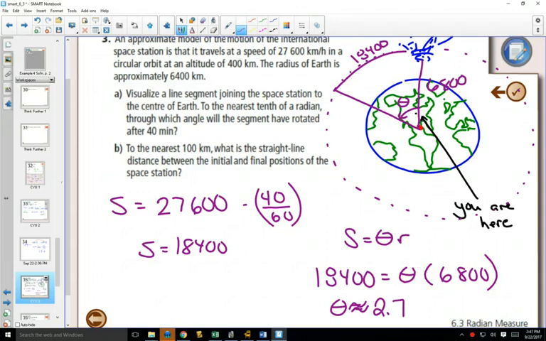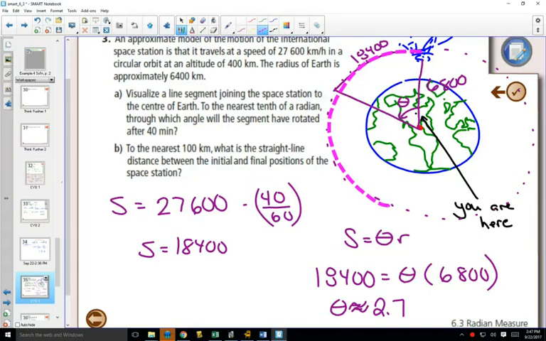How good was my diagram? It was beautiful, like magnificent. How accurate was my 18,400? Wow. Because if it's supposed to be 2.7, where should it have ended up more realistically? It should have gone about there maybe?